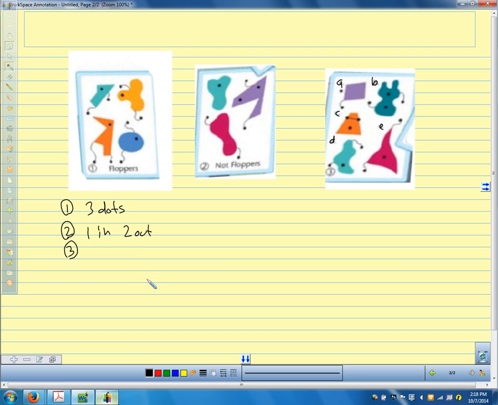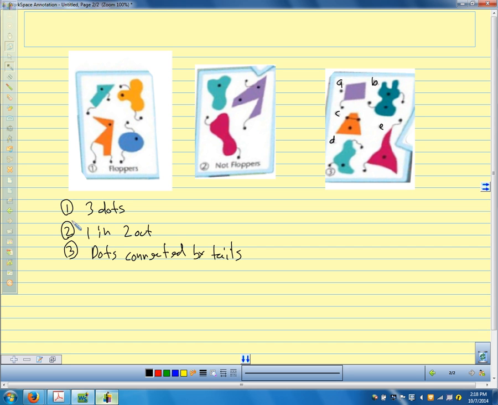Can we be more specific? What else do we know about floppers? What's that? They have tails, right? And the dots are connected by tails. What's that? You don't have to draw. This is more just for us to think about how these things work. So can we consolidate this a little bit?